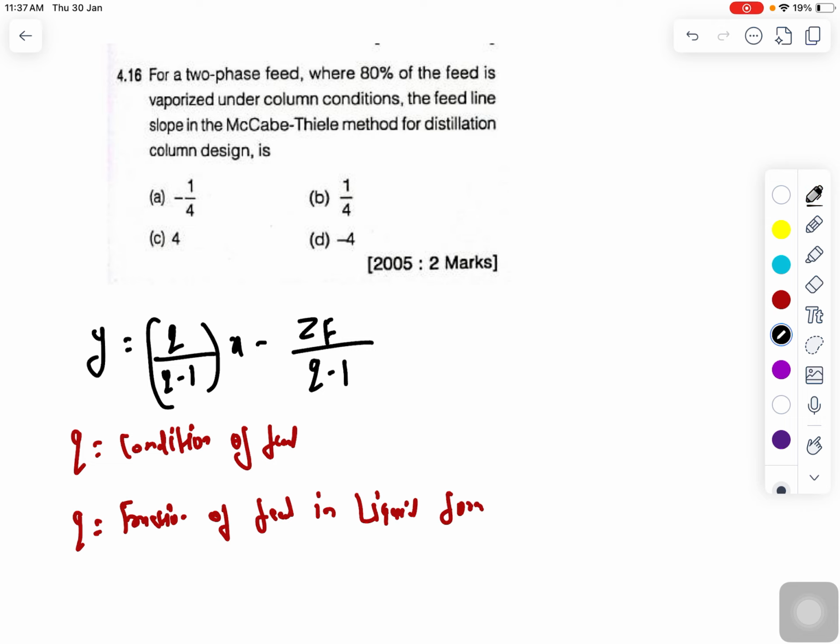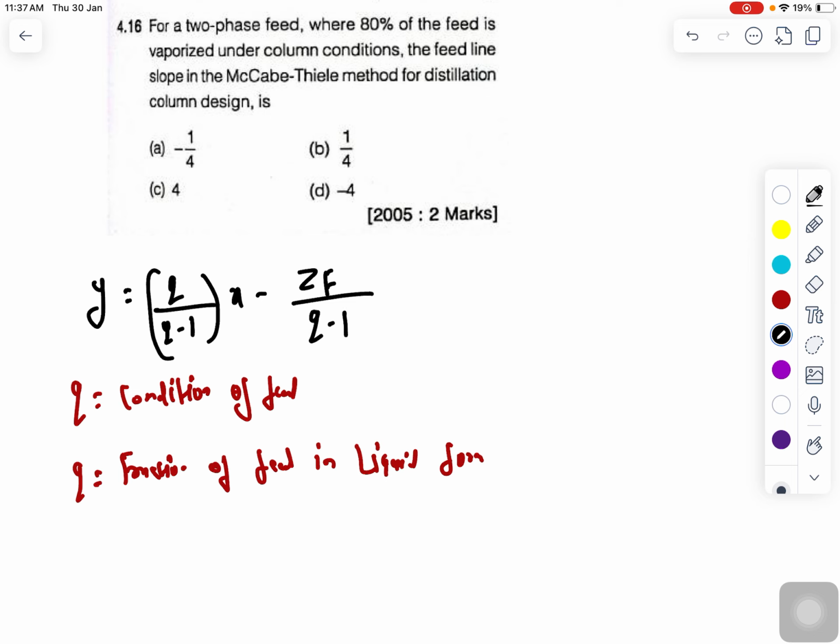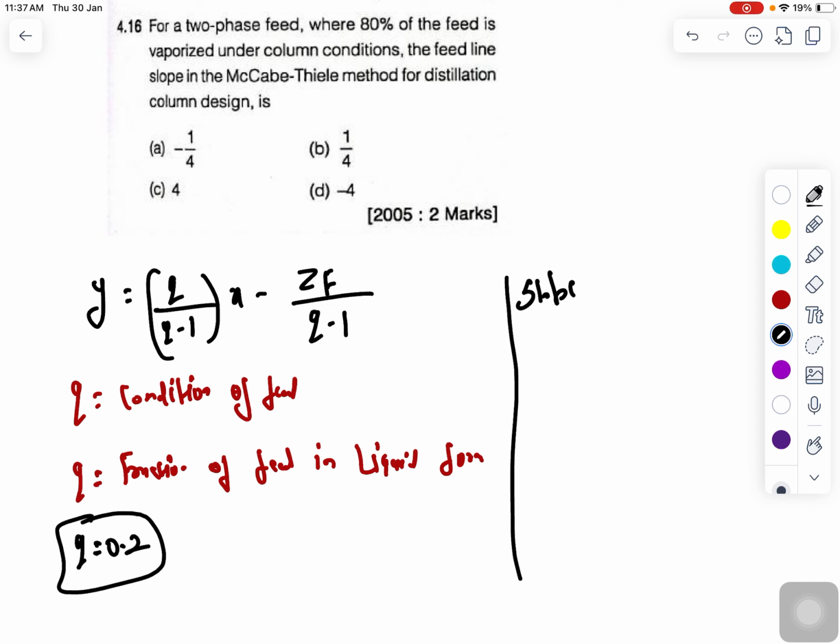So if you see from the data, 80% of the feed is vaporized, so 80% of the feed is in vapor form. So how much feed is in liquid form? 20%, so your q will be equal to 0.2. And what is the slope of the q line here? The slope of the q line, which is also called the feed line, is equal to q divided by q minus 1.